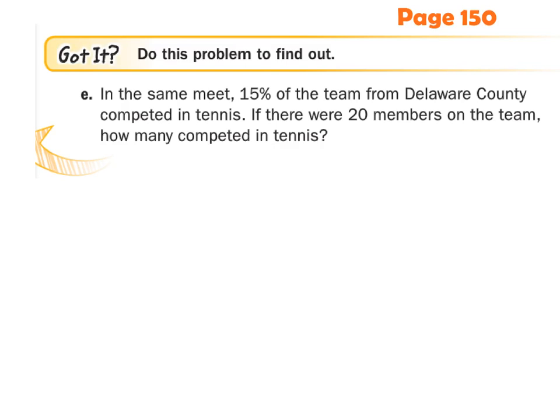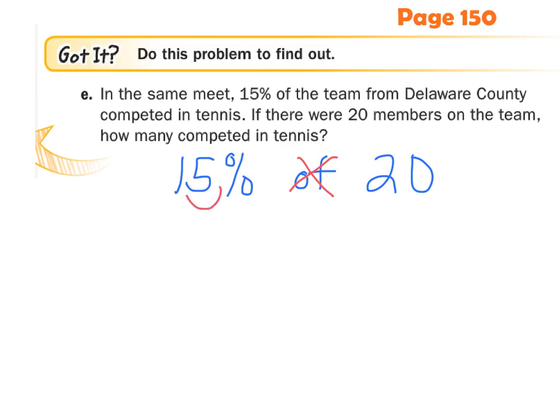All right, 15% of the team means 15% of the 20 members on the team. We said of means times. We're going to change this to a decimal, 0.15 times 20, and we get 3 tennis players.